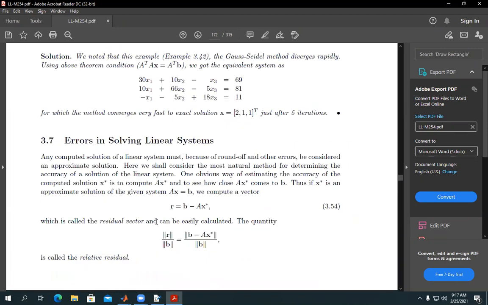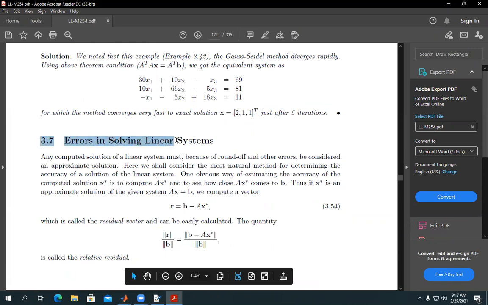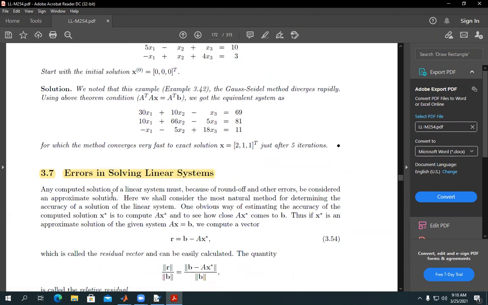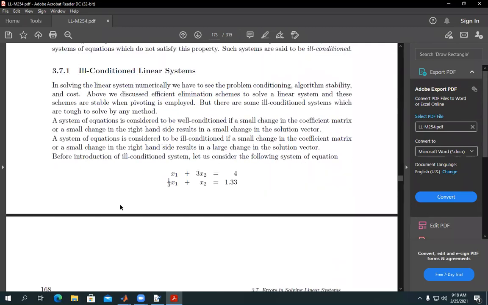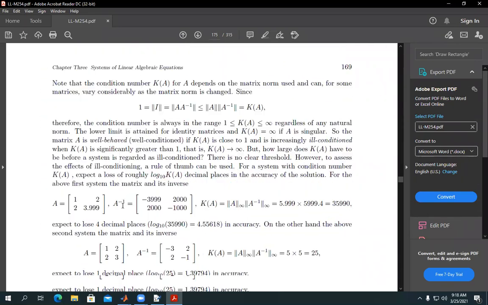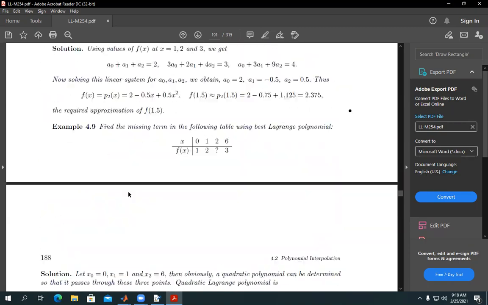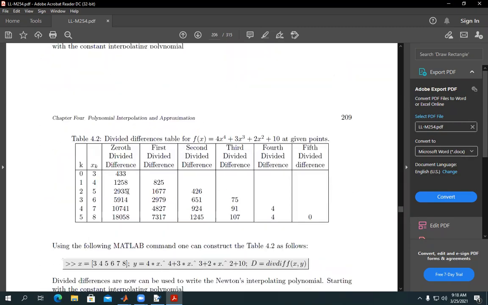Chapter number 3 should be from here, because before this is the iterative method, which we already discussed in the midterm exam. So your second quiz material will be error in solving the linear system from chapter number 3, which is conditioning of the system and relative error, 2 topics only here. And chapter number 4 is complete that we have here now.